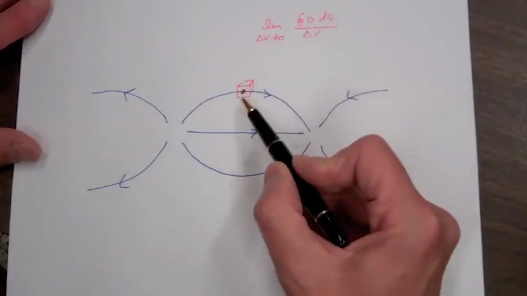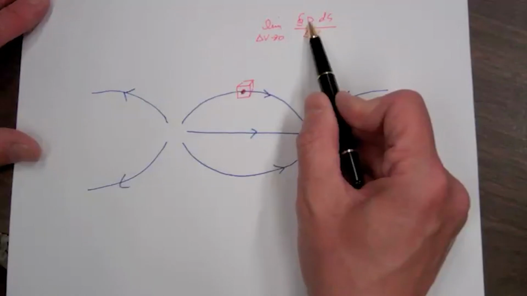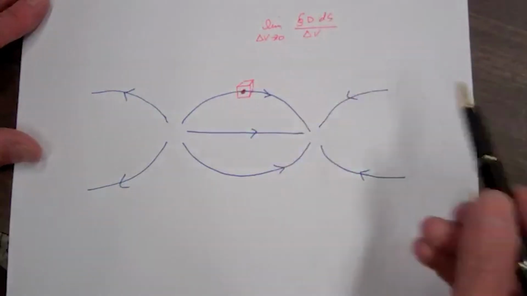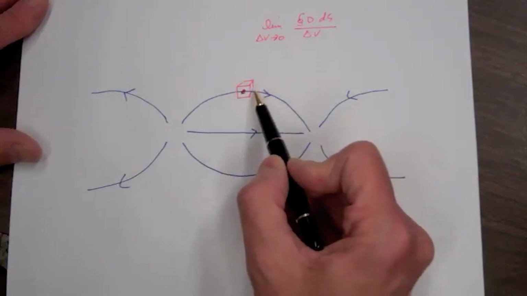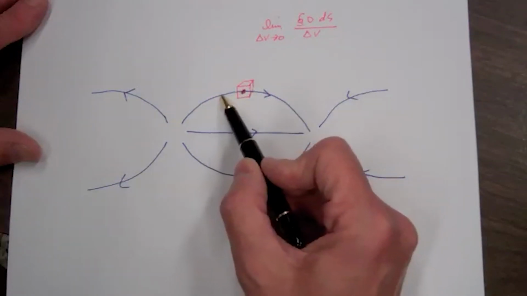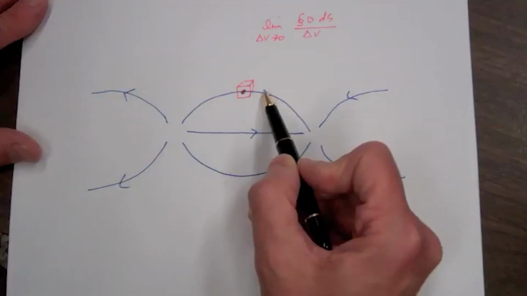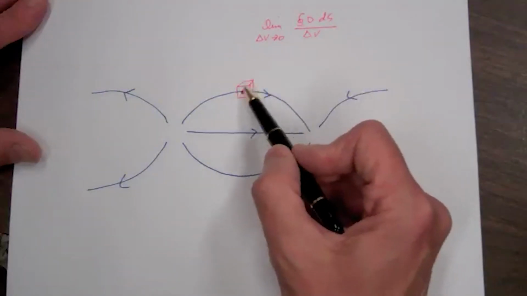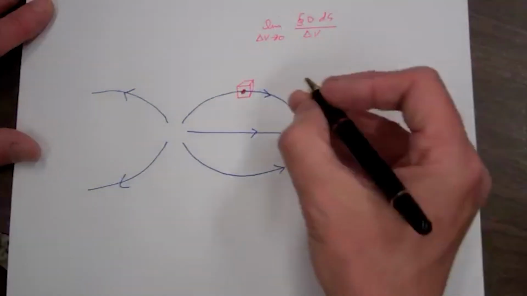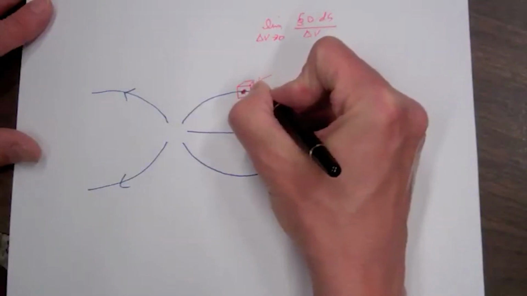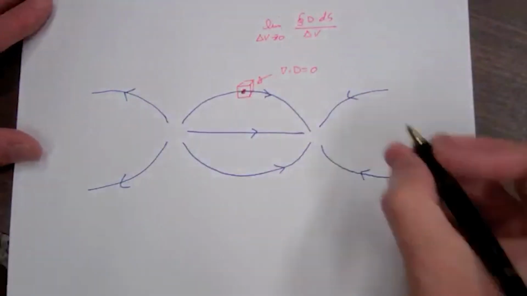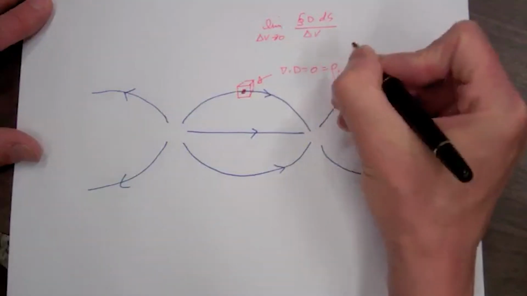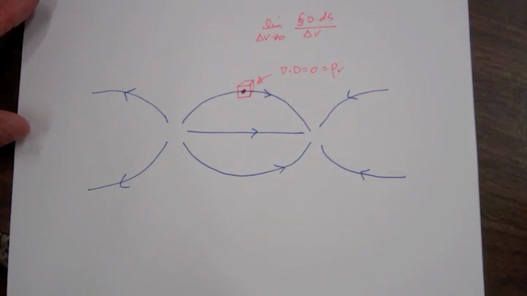And if we look at the numerator, the integral of D dot dS tells us how much flux is leaving this volume, but whatever flux enters also is leaving, so the integral of D dot dS around this surface is going to be 0. So at that point, the divergence is 0, which is telling us there's no charge density at that point.